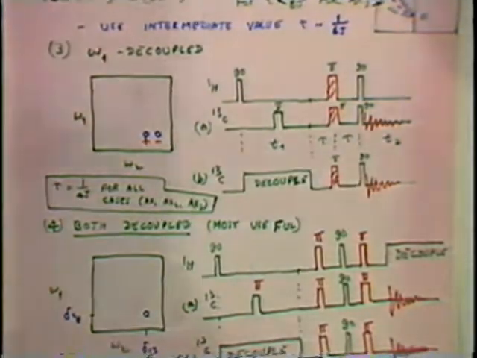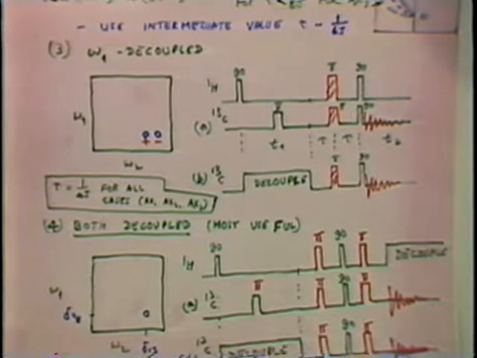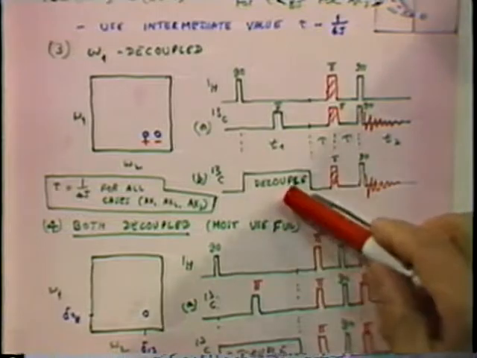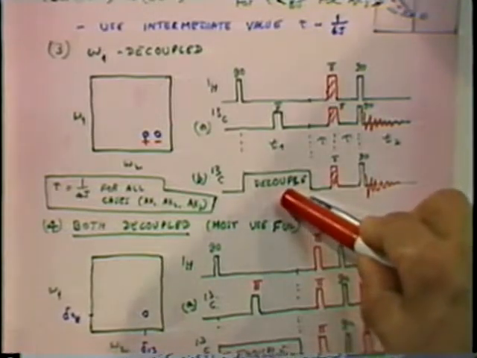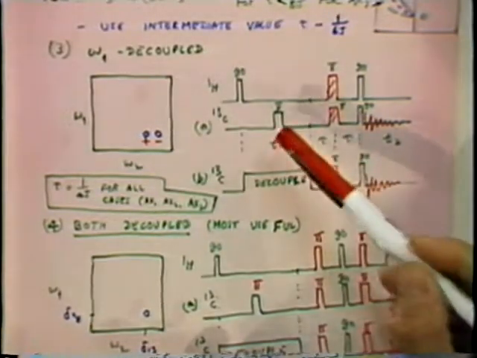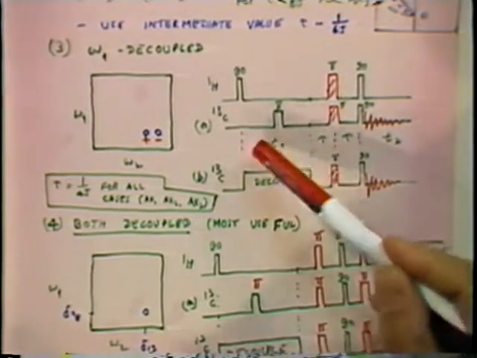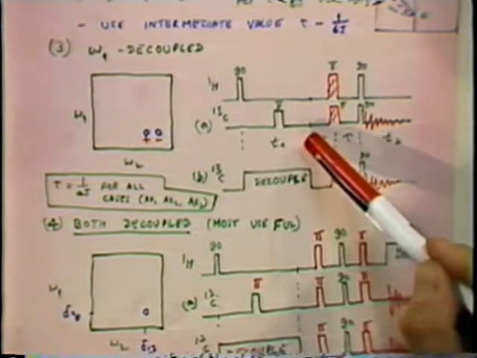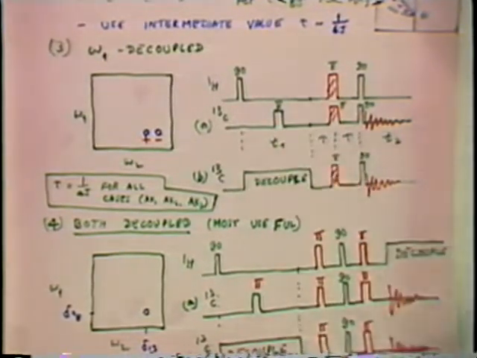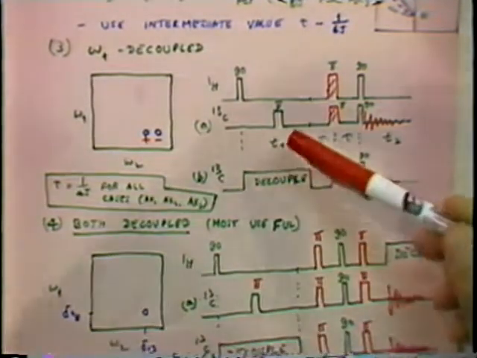You are used to irradiating the proton and not the carbon frequency for decoupling purposes. And on some of the spectrometers, you may not be able to do this. Okay. Then there is a simpler way of doing it, that you simply put a pi pulse in the middle of the carbon precession period, in the t1 period, assuming weak coupling in protons, and this will decouple.